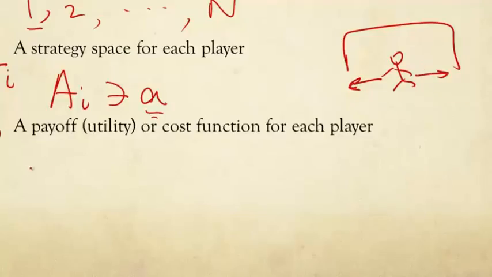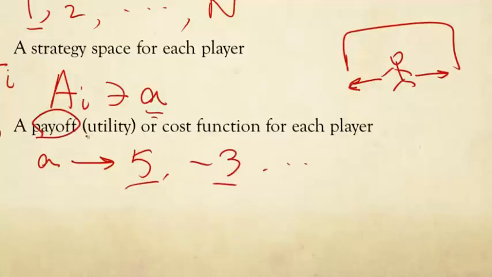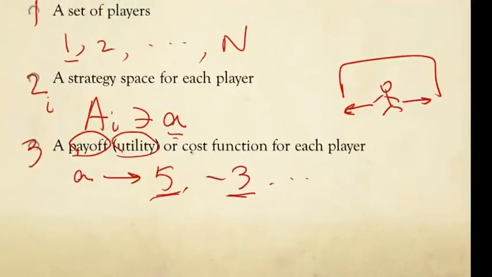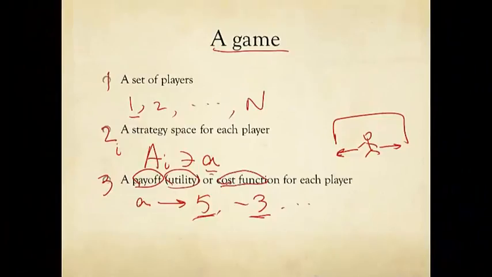This usually maps some element in the set into a particular real number, say 5 or -3 and so on. If these numbers model something desirable, then it's called a payoff function, or in general a utility function, as we will see in future chapters. If it's representing something bad, an undesirable outcome, then it would be a cost function.